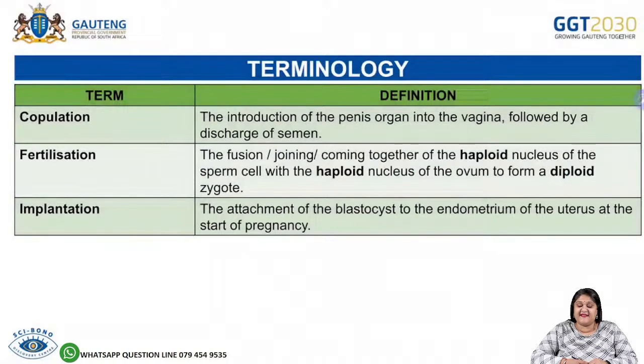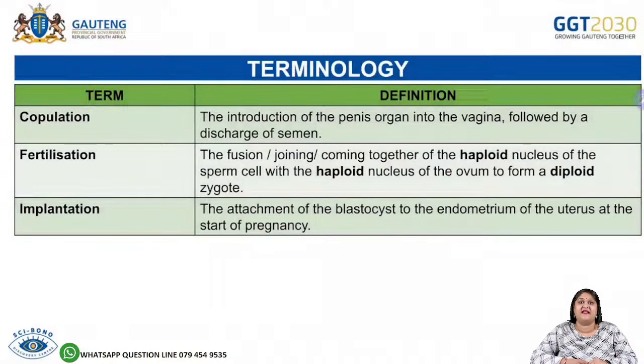Fertilization is the fusion of the haploid nucleus of the sperm cell and the haploid nucleus of the ovum to form a diploid zygote. What I want you to remember here is meiosis. Remember we did meiosis earlier on, and last week we did the introduction of human reproduction, and we did oogenesis.